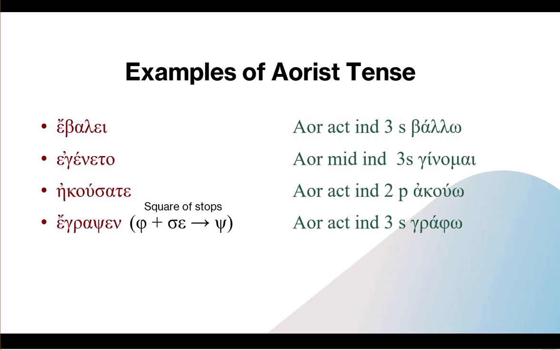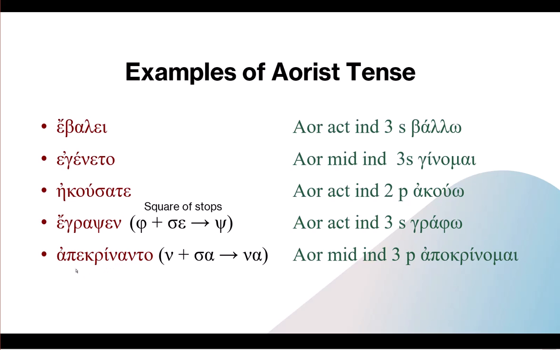So beta, pi, phi, when they bump up against the sigma, they become a psi. So we get egrapsen. So the sigma is inside that psi in a way. It's pronounced in there. And then we have the ending that we would expect.